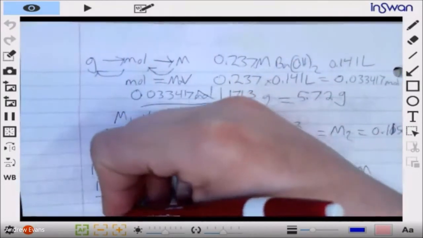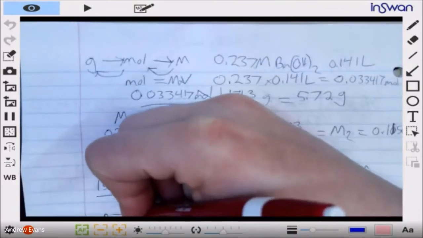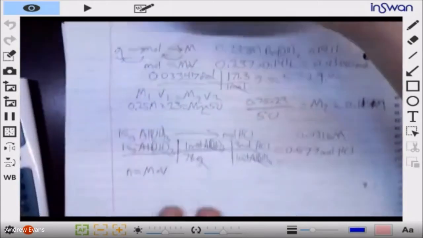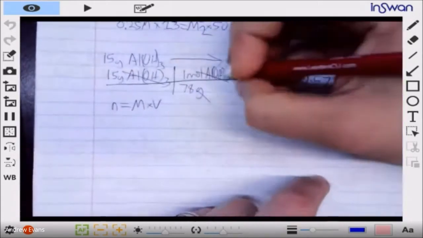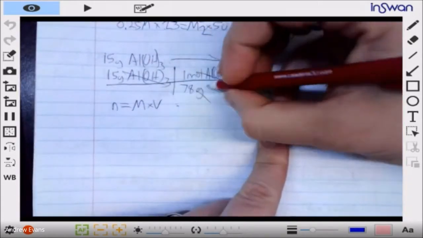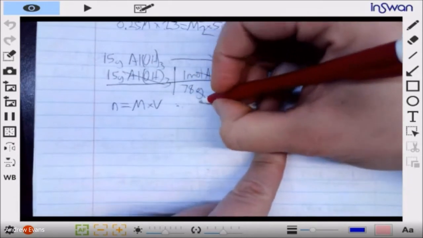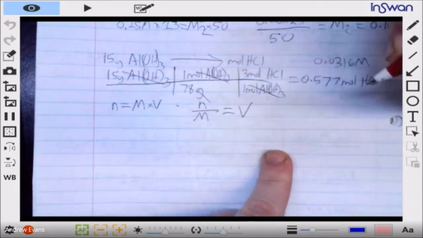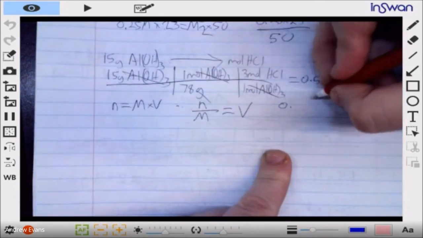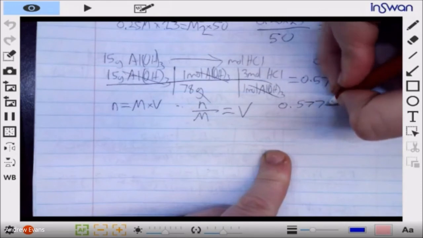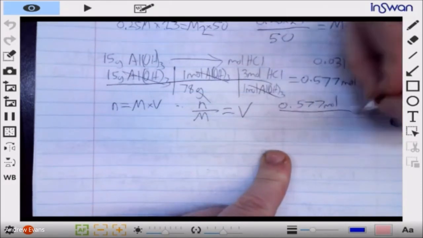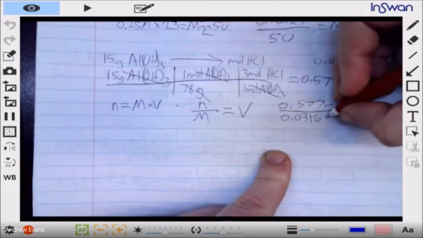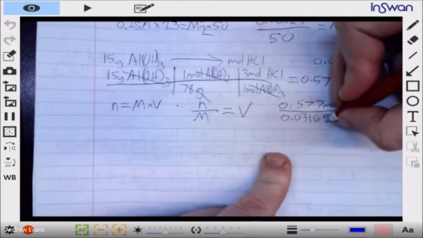Now we need that moles equals molarity times volume. Oh, sorry, it's slightly off the screen. So if I were to solve for volume, I would say moles divided by molarity equals volume. So I'm going to take our 0.577 moles and divide by our 0.0316 molarity, which is moles per liter.